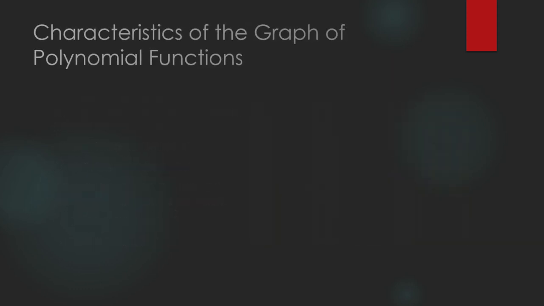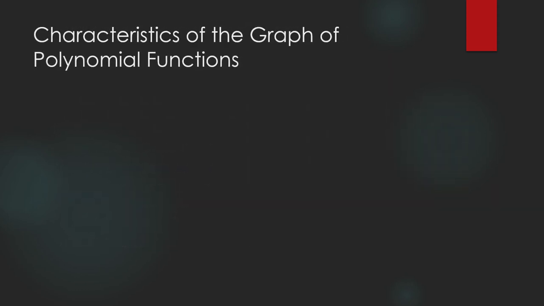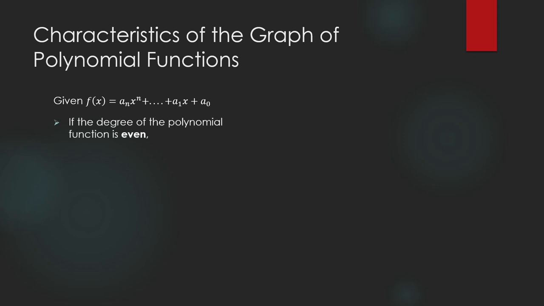So how can you tell if one tail points downward and the other points upward? Or when a polynomial function has an even degree, how can you tell if the tails both point upward or they both point downward? What we shall do is pay attention to the coefficient of the leading term.